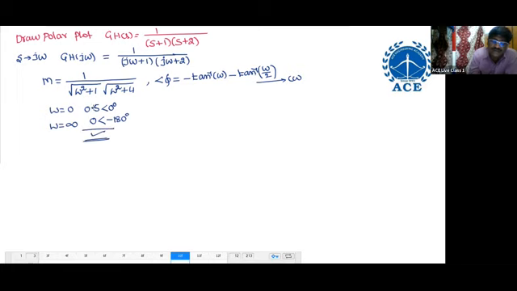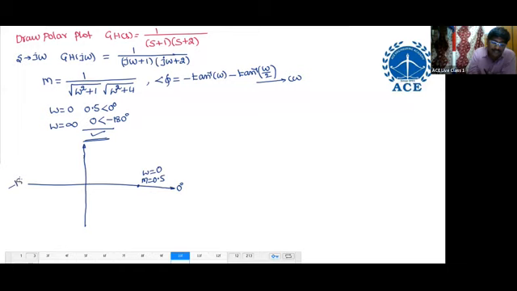Satisfied our condition, because omega 0 magnitude is more than omega infinity. Now draw the plot. So where does it start? 0 degrees. What is the magnitude? 0.5. Where does it end?